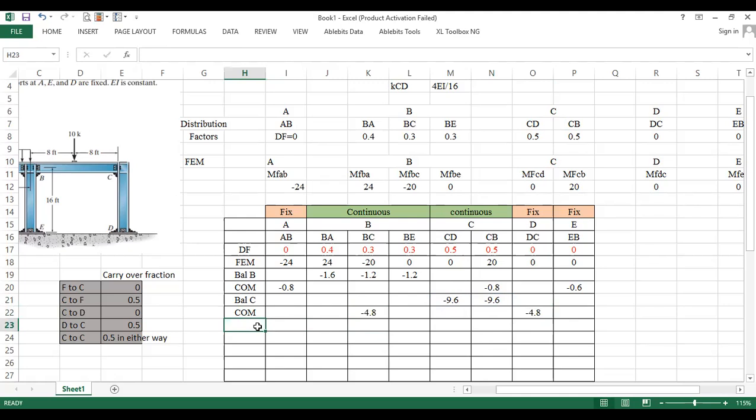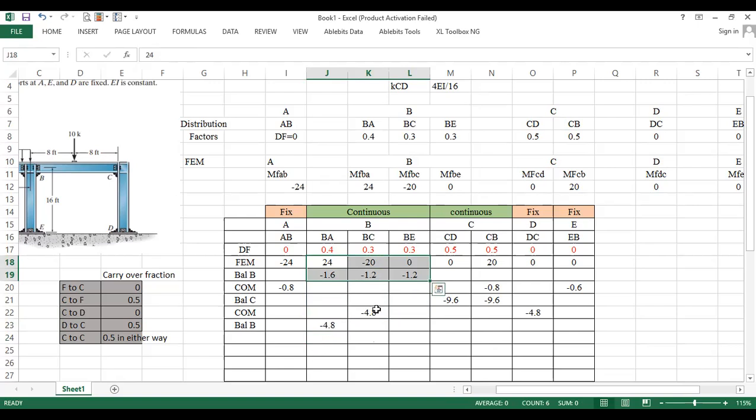So then again, B is not balanced, so you have to balance that B. The summation of all of these will again give you 4.8. Why? Because this is already balanced. If you add these six together, it is 0.